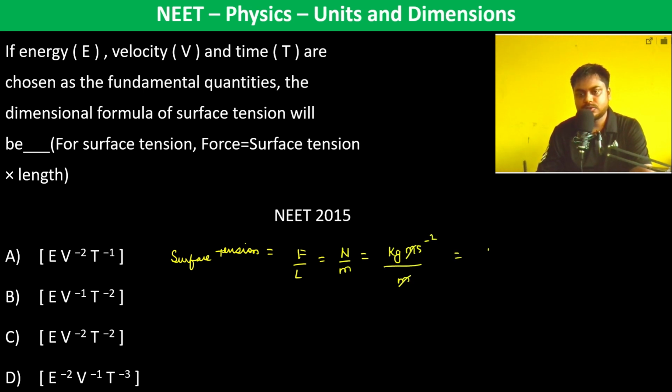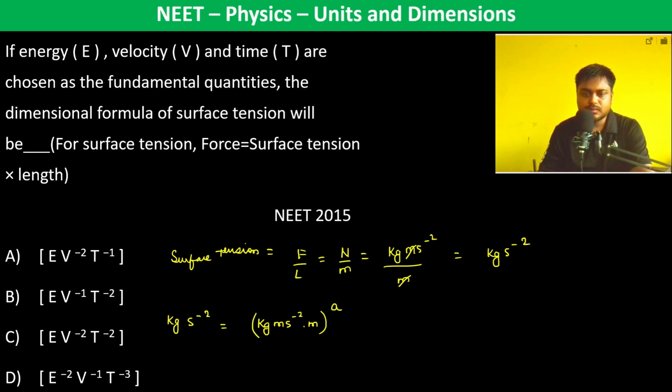So this is kg s minus 2. Now we have to write here like this, kg s minus 2 is equal to energy, which is Newton meter, joule, so kg m s minus 2 meter to the power a.